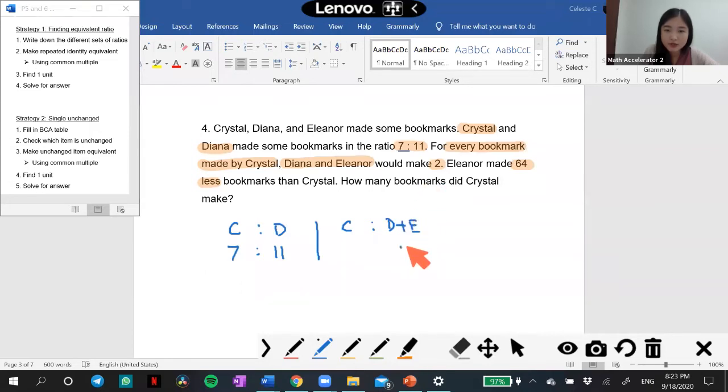It will make 2. Every bookmark means 1. Right, so this portion here for these questions is a bit tricky, alright? So it's not so simple like your question 1 and 2. You take note, every bookmark means 1, and Diana and Eleanor is 2 people, so you have to add them up here to have 2.